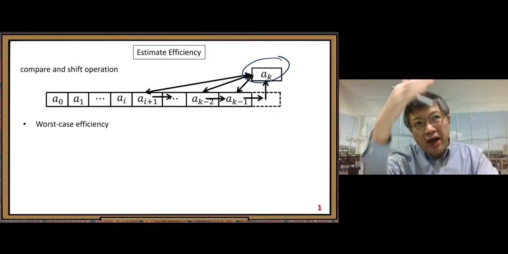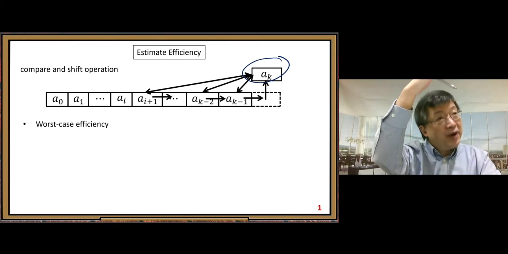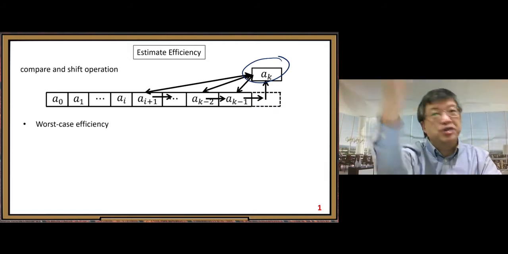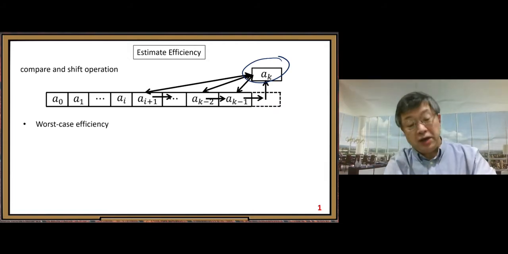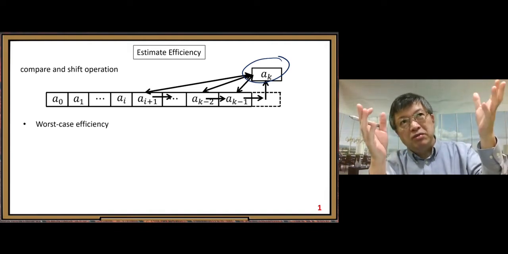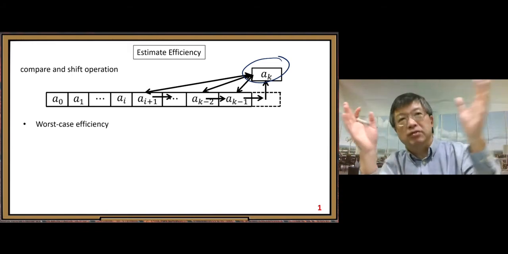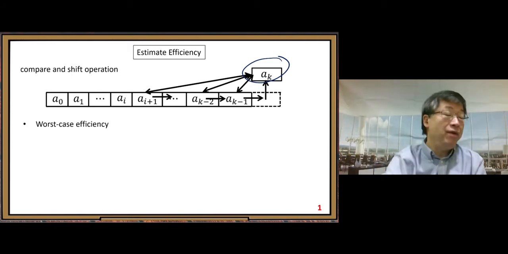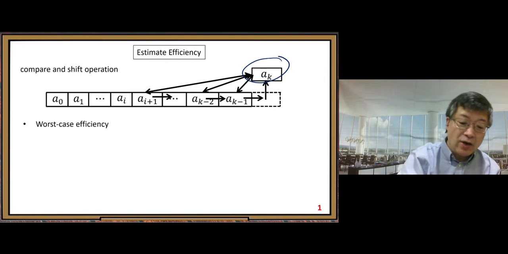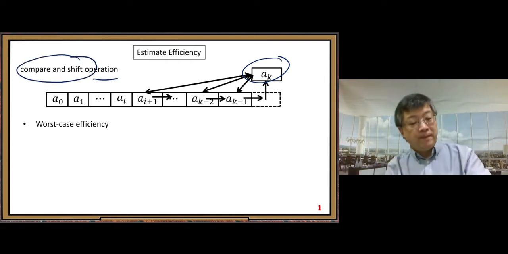So that's k comparisons and k shift operations also. Because those two numbers are the same, we combine them, compare and shift, as one operation.